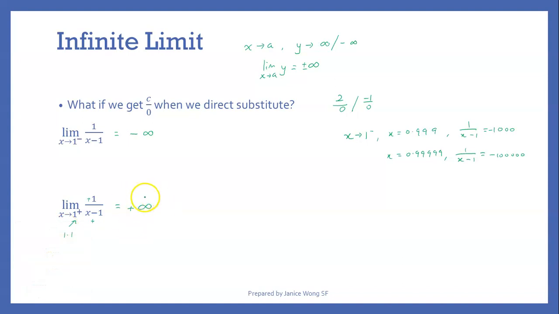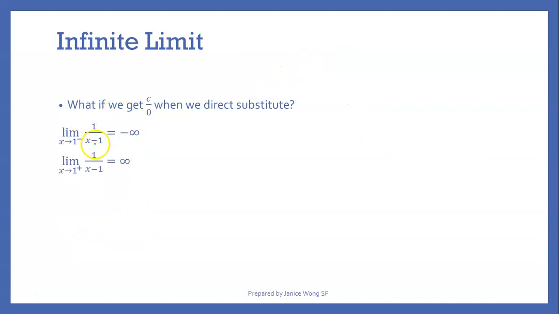Then this will be the answer. So you will notice there is no working need to be shown. All the process you can actually work it out on rough paper. You shouldn't do this, which is very time consuming. So something over 0 means related to positive or negative infinity for one-sided limit. So these two are the answers which I have shown you earlier.